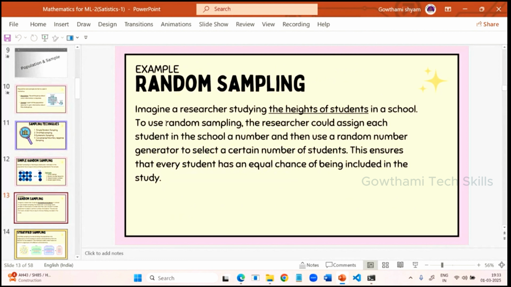And see here, one example. Imagine a researcher studying the heights of students in a school. To use random sampling, the researcher could assign each student in the school a number and then use a random number generator to select a certain number of students. So, for example, if the students' heights range between 150 to 180, will you calculate all the students' heights?